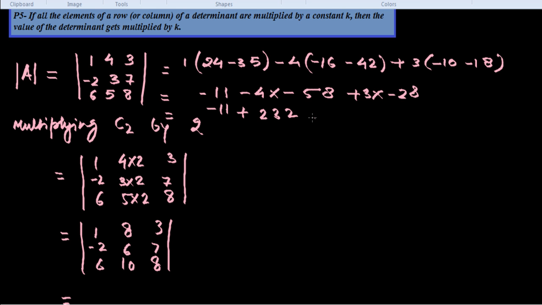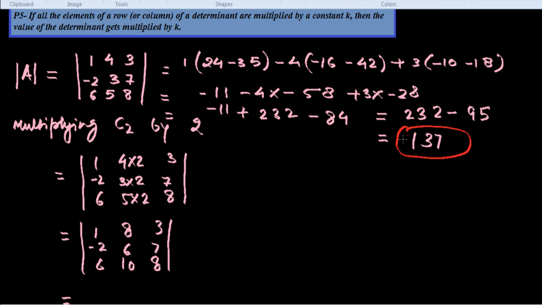Here we get negative 3 times 24, that is minus 84. So now we get 232 minus 95. So finally we get 137. Now this is the 137 we have got.